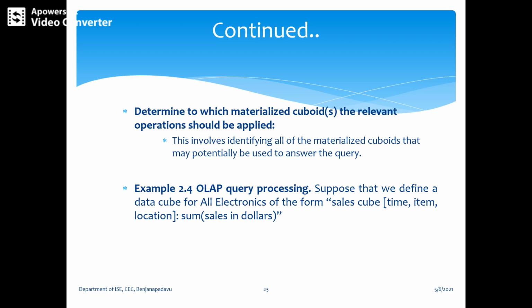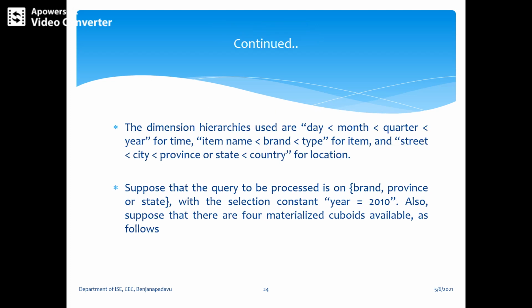So let us take an example, the previous OLAP query. Suppose that we have to define a data cube for all electronics with sales cube: time, item, location, and sum of sales in dollars. That is the example. So how are we going to write the total order? The dimension hierarchies used are the total order.